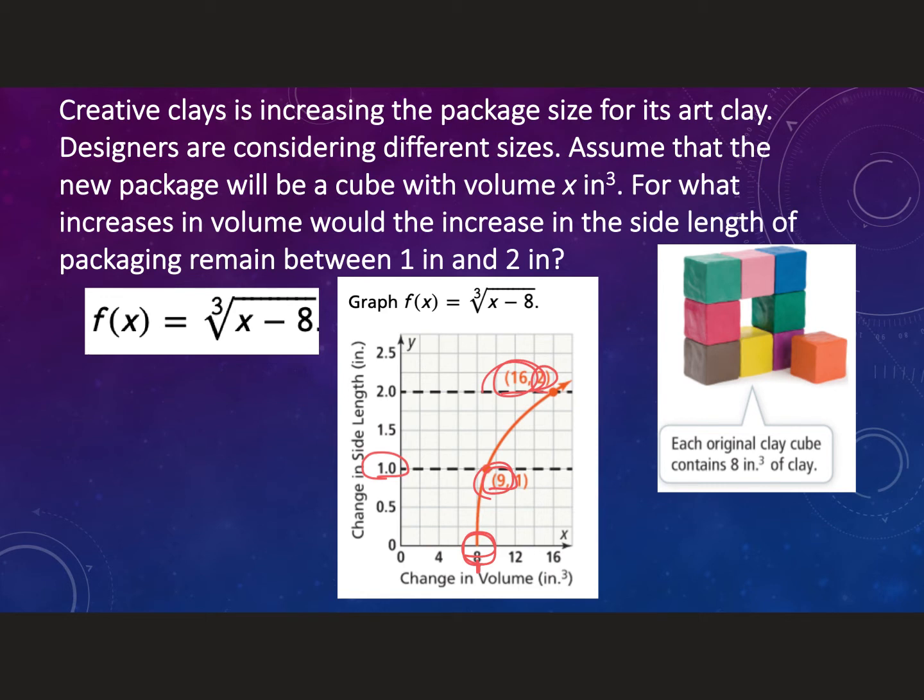So for the change in the packaging to be between 1 and 2 inches, the volume would be 9 to 16. That would be the increase in volume if they increased it by 1 to 2 inches. Basically, if it went from 2 inches cubed to 3 inches cubed, we would have an increase of 9, because we would go from a volume up to 9.